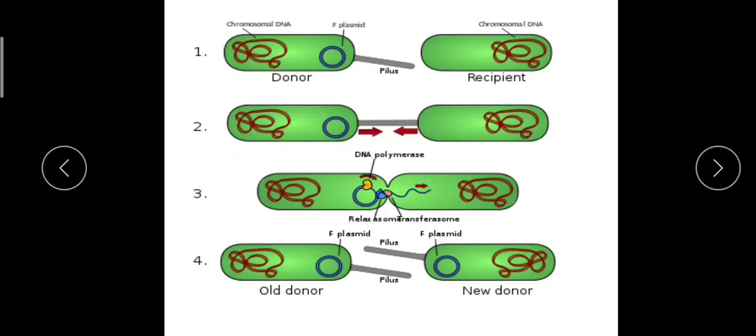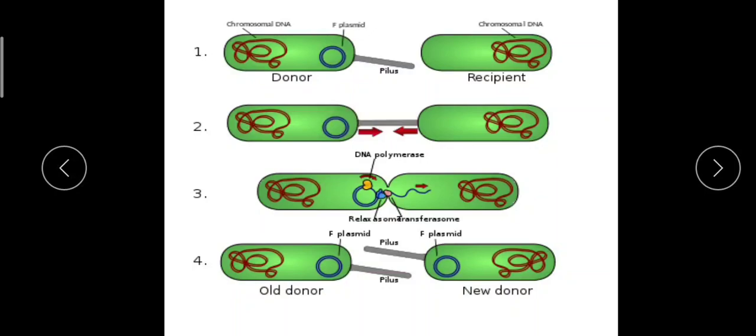When this conjugation process occurs, the donor or F positive cell behaves like a male. So there will be a male-like F positive donor and a female-like F negative recipient. A physical contact is maintained between this donor and recipient.